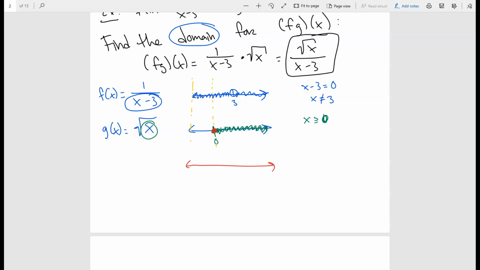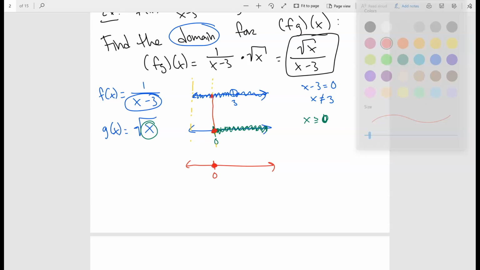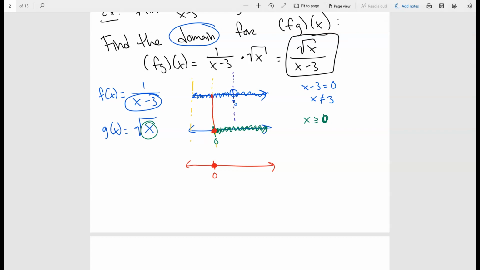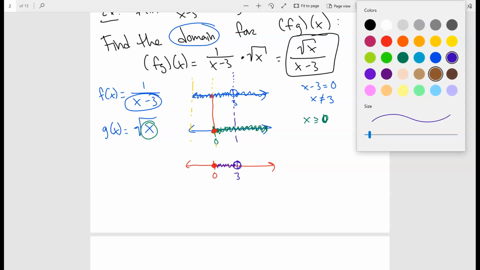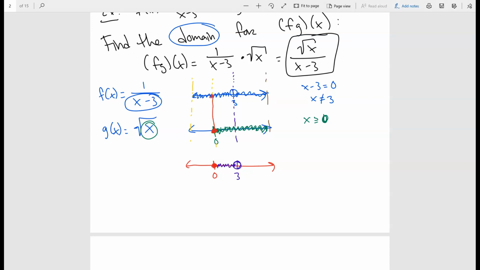It's 0. 0 is the first number that both of these guys match. So 0 is the first candidate. Then afterwards, you can see that the next break is at 3. So at 3, you can see that everything is good until you get to the 3, and at the 3, this is not included. Okay, and then afterwards you can see that everything is really good. From 3 on, everything is great.